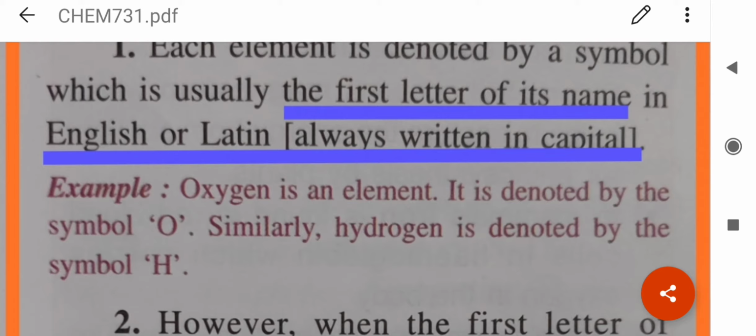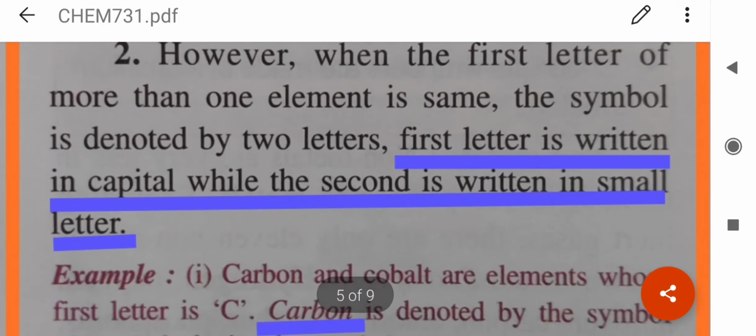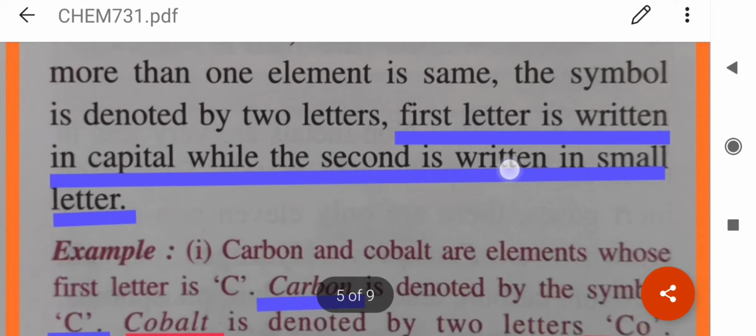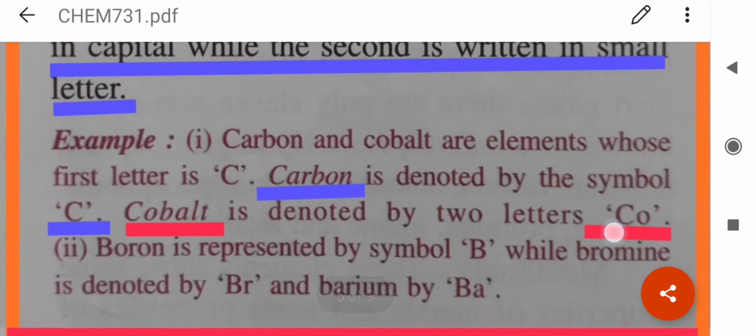For example, O is the symbol of oxygen, H is the symbol of hydrogen. Now, when the first letter of more than one element is the same, for example carbon and cobalt, then what we do is that for carbon we take C, for cobalt we take Co.